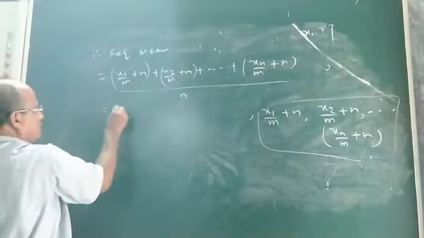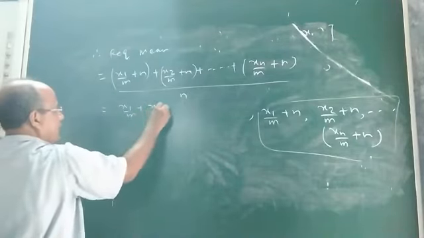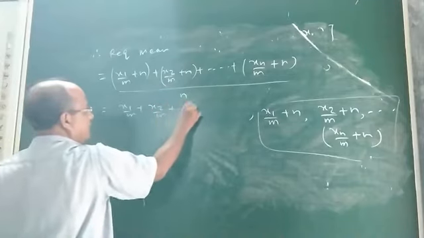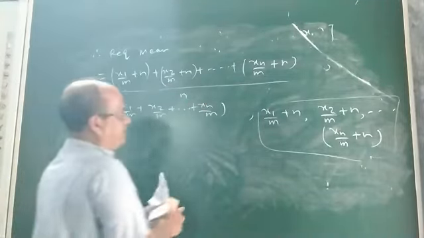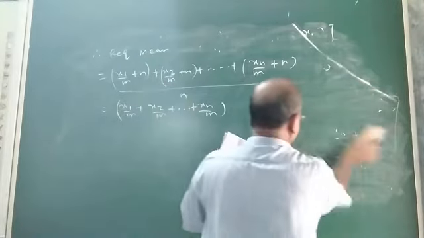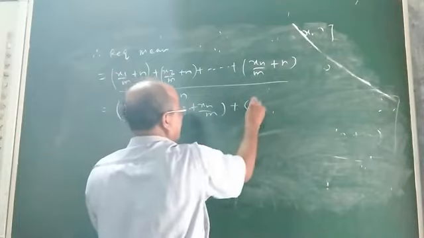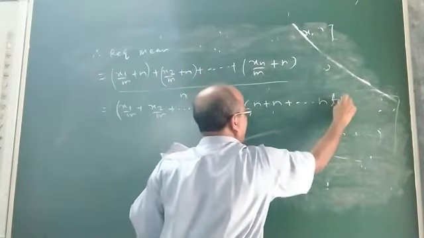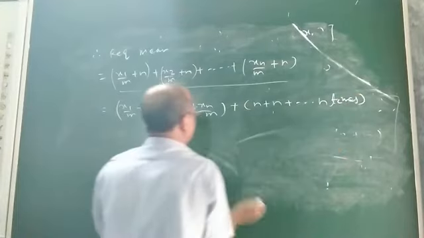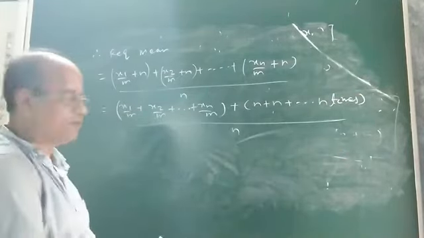Now how to add it? This is x1 by m plus x2 by m plus dot xn by m, then again n is to be added, plus n, how many times? It is n times we have to add n, whole divided by n.